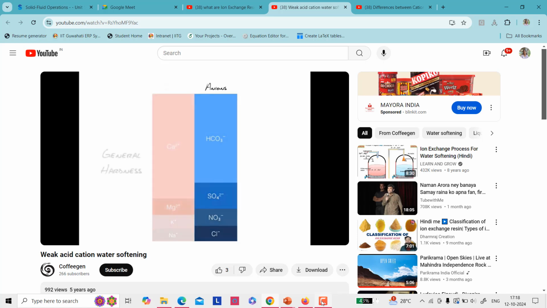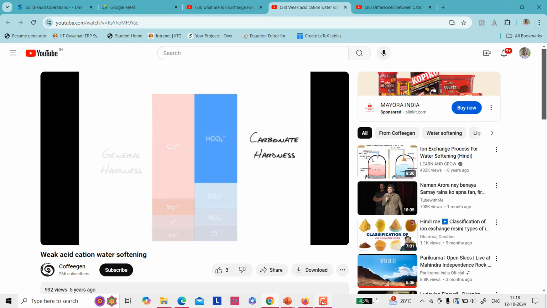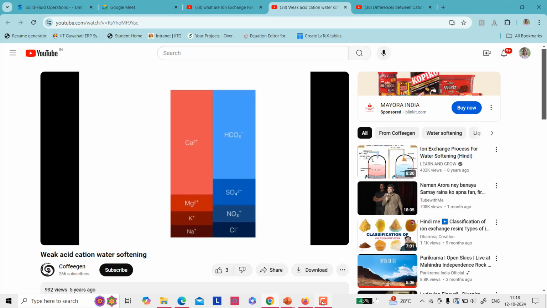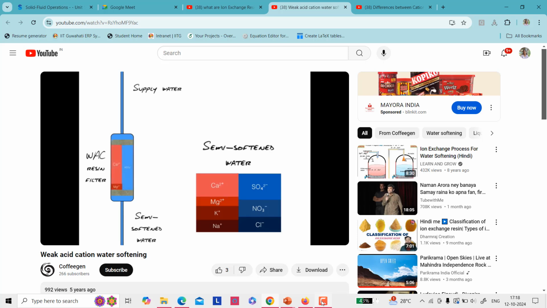The water is semi-softened because Ca is reduced. So water softening is an example of ion exchange resin.